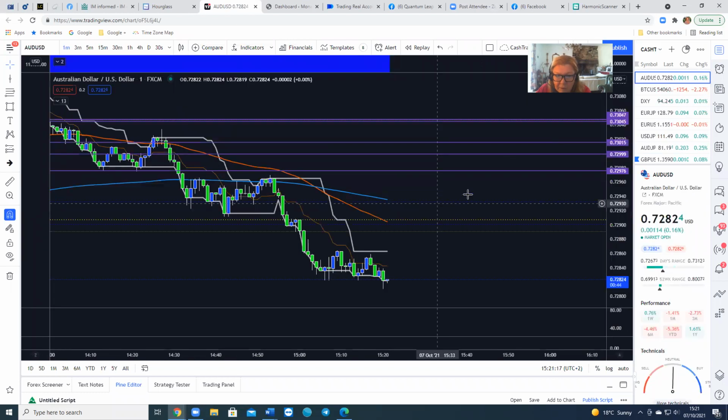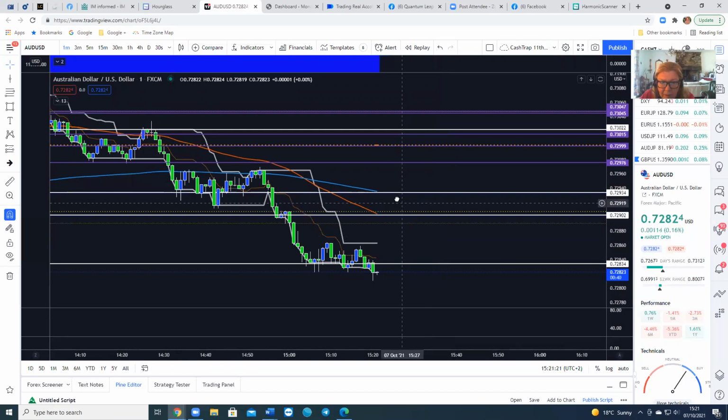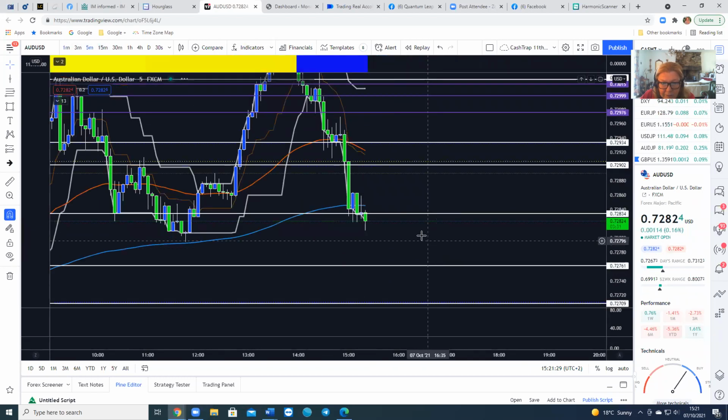And here it is on my TradingView. So again, nicely positioned below that daily at 834, and you can see the moving averages are arcing round.